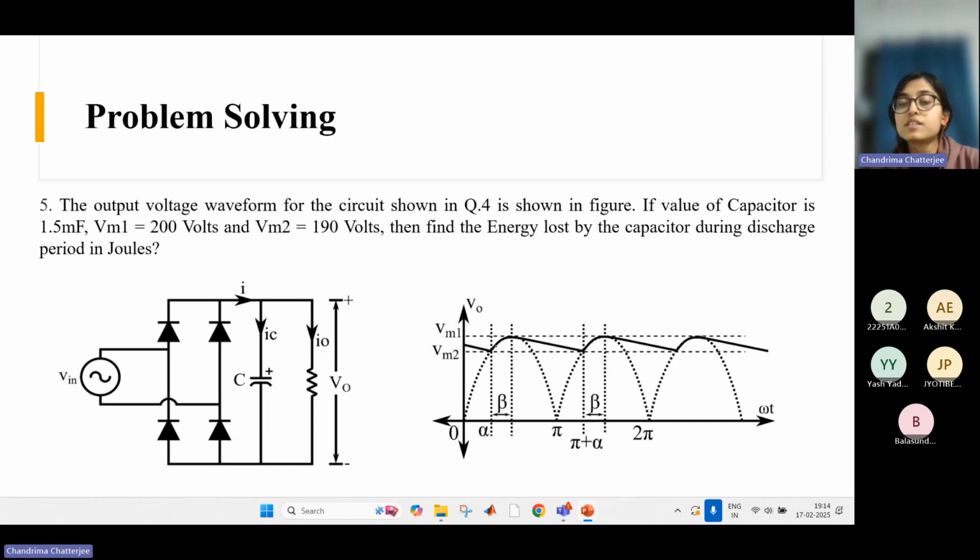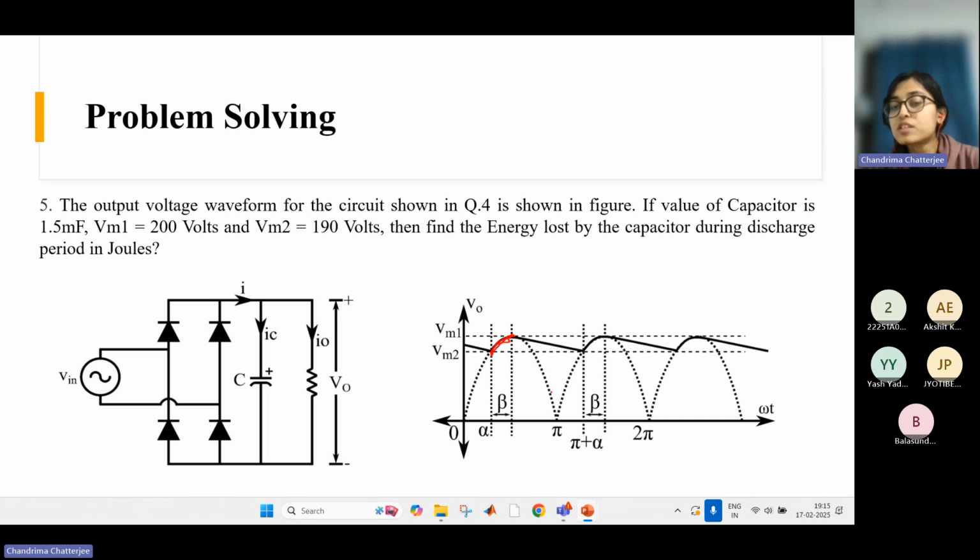So we already discussed what our output voltage waveform should be when we apply a capacitive filter, right? When we place a capacitor in parallel with the load, the output voltage becomes something like this. So this is the charging period when the output voltage follows exactly the source voltage, and then there is a discharging period when the output voltage doesn't follow the source voltage.